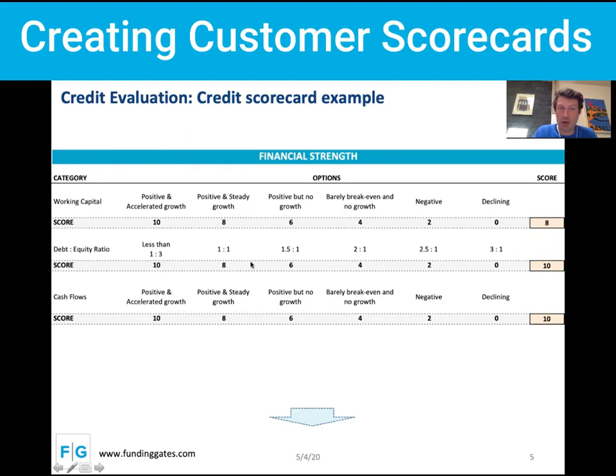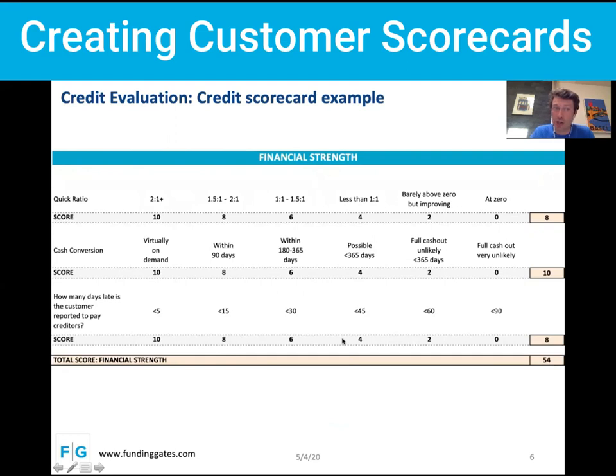And the debt to equity ratio 1 to 1, 1.5 to 1, etc. So basically you can assign a band, right? From 0 to 10, as shown over here, and then you give it a score, right? So a score of 8 if the working capital is positive and steady growth, a 10 if the debt to equity ratio is 1 to 3, a 10 if the cash flows is positive and accelerating, okay?